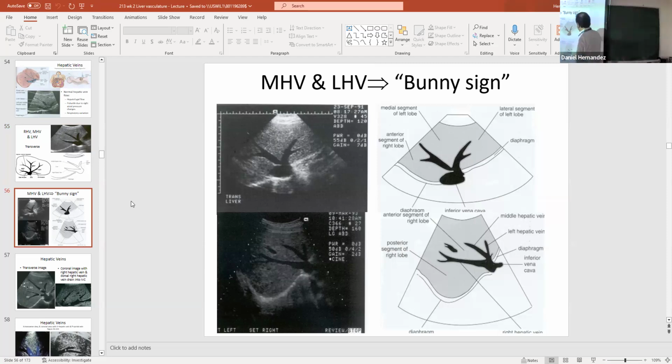The middle and the left will oftentimes come together and form a common stalk that drains into the IVC. So just be cognizant of that. Here's the left hepatic vein and middle hepatic vein coming together, and there's a little common piece as it jumps into that IVC.